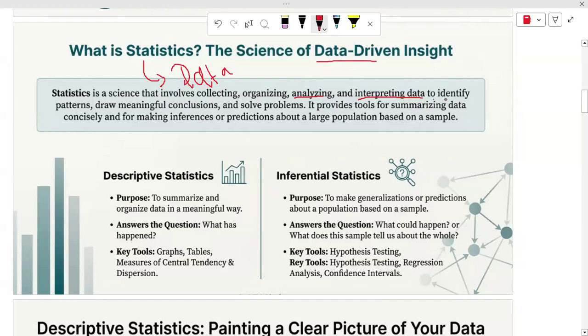Interpret data. The purpose is to identify patterns. There are some patterns, right? You might say, in the morning, how many hours or minutes you have spent on social media, and in the afternoon, the evening, the night. We may see some trends.